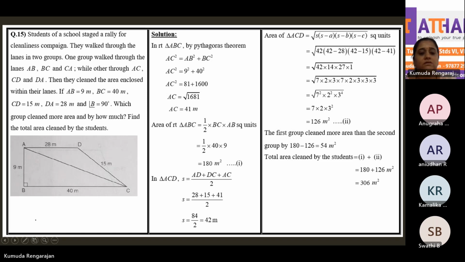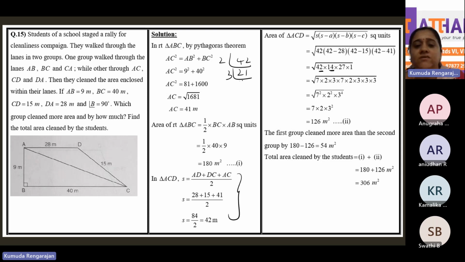Okay. Then to find the area of this triangle, semi-perimeter, and then the formula, and you can see here there is 14 and 42. I think here I've written the factors completely. So 42 is 7 into 2 into 3.